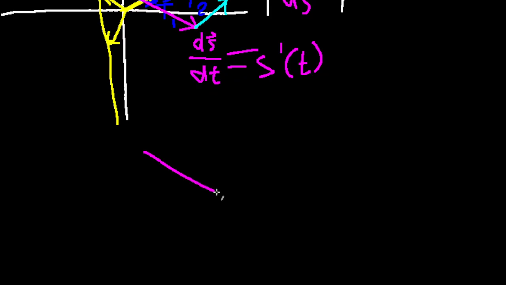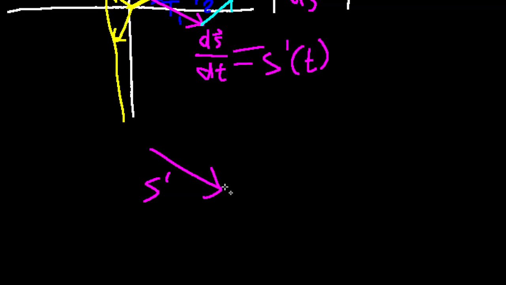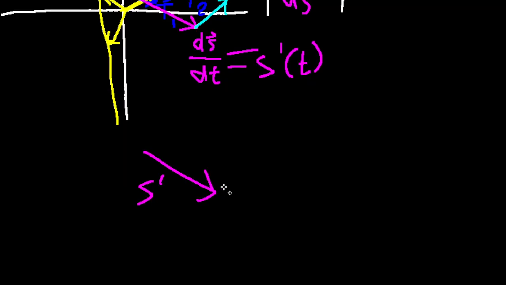So here's our first vector. This is s prime. I won't write the parameter because we can assume it. Then this is the second derivative here.